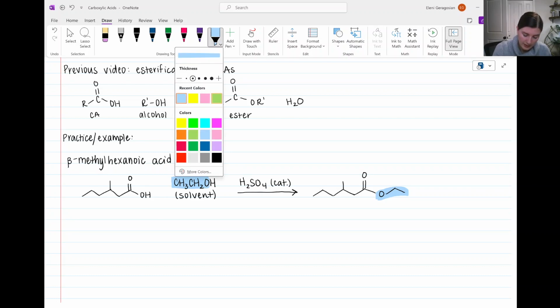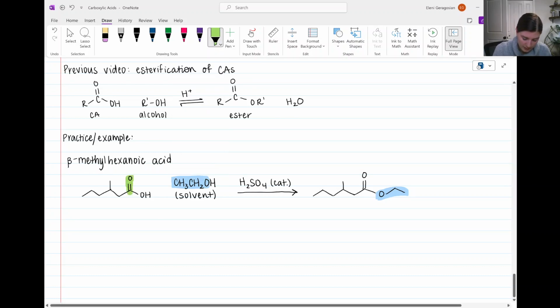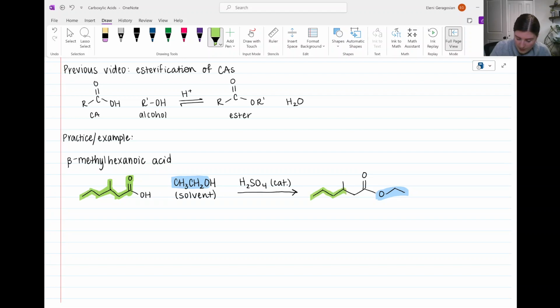Then everything else, so carbonyl, that carbon, and the remaining carbon chain, are all of the other atoms present in this product. And then if you look back at the mechanism, you'll see exactly how that occurs.